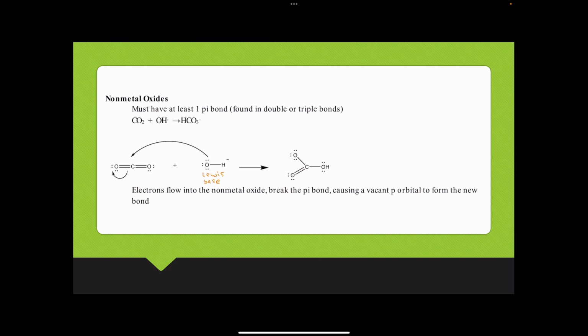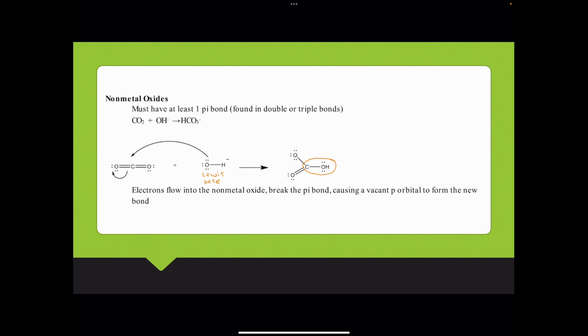If it breaks one of those pi bonds, the pair of electrons can go to an oxygen, and that bond breaks. That leaves a vacant p orbital that can accept those electrons. So the electrons come into the carbon, which accepts them, forming this bond here.